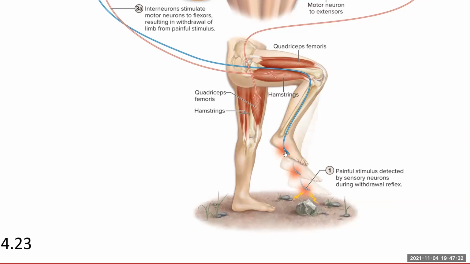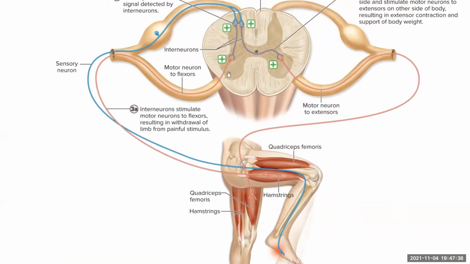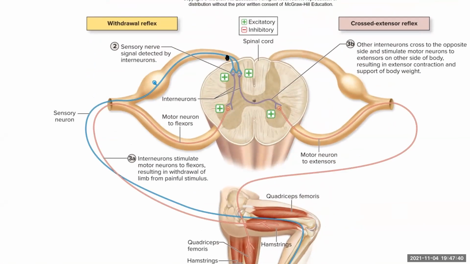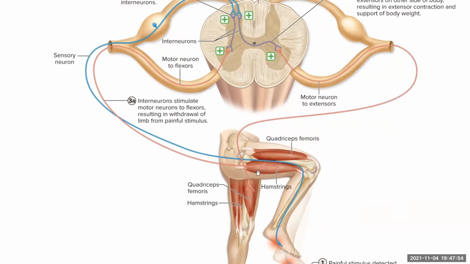The nociceptors are activated and they send that painful stimuli along the sensory neuron all the way up into the spinal cord. But what we'll see is then the sensory nerve will stimulate the interneuron. That interneuron will then activate the motor neurons to the flexor group. That will be the hamstring group here.